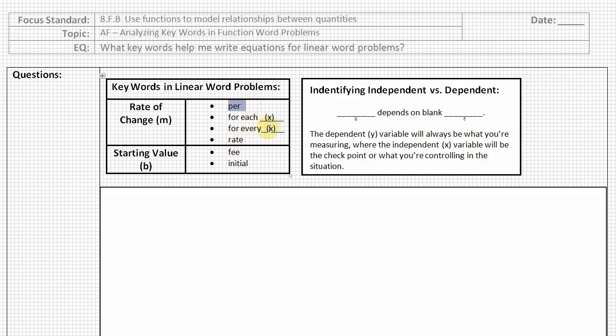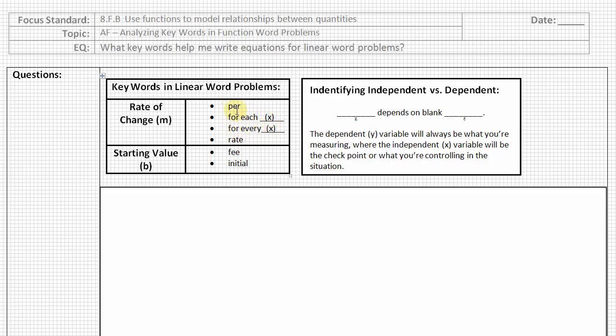The word that follows for each or for every is going to be your x variable, and that'll help us out in a minute. This would be the same for per as well.